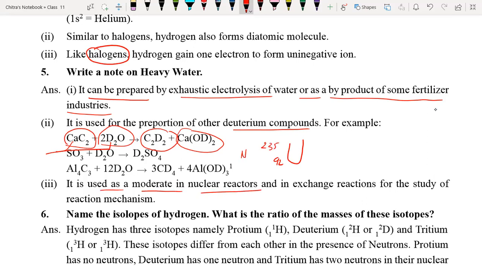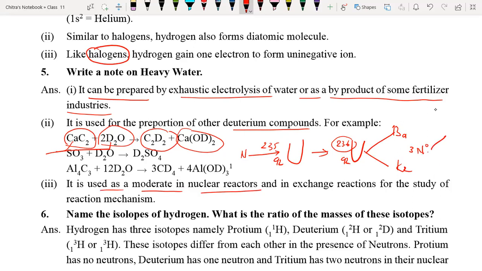When we fire a neutron at the nucleus of uranium, it first converts into uranium-236, with atomic number 92. That uranium-236 isotope is very unstable, and it splits into two parts: one is called barium and the other is called krypton, along with three neutrons released during the reaction.